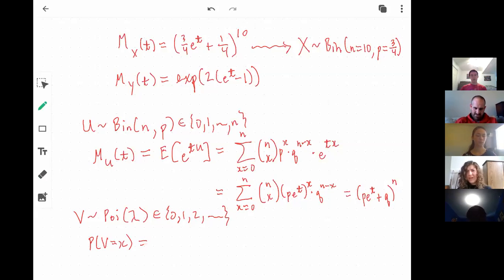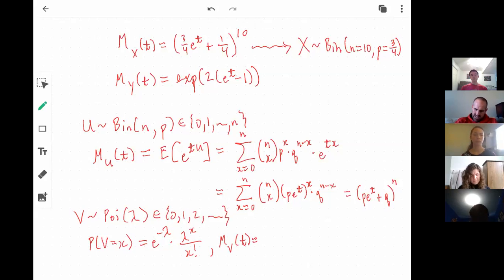Was it lambda e to the negative lambda x? Or am I missing a negative factor there? e to the negative lambda times lambda to the x over x factorial, sorry. Remember that? Yeah. And what about the moment generating function of V?